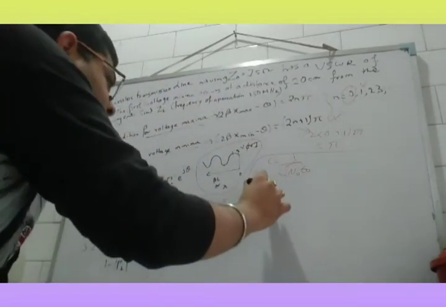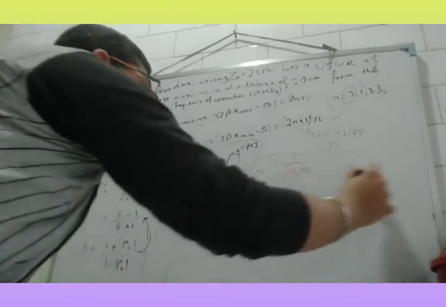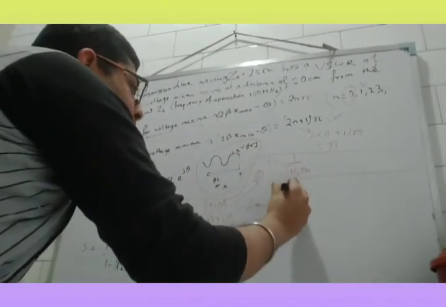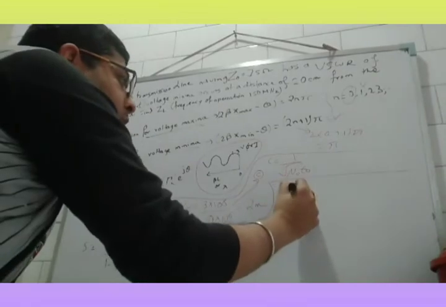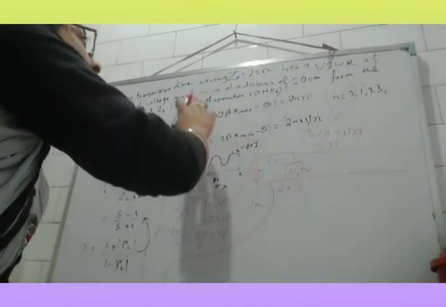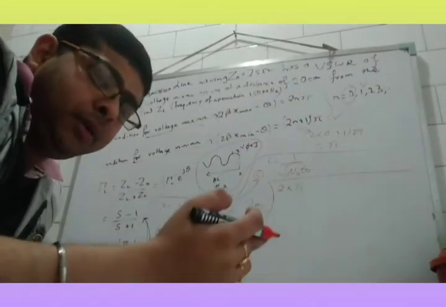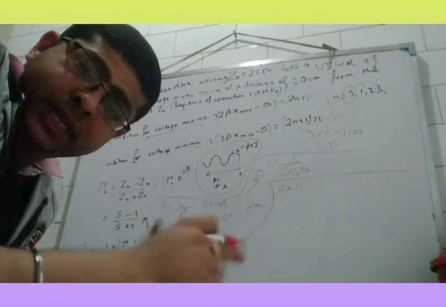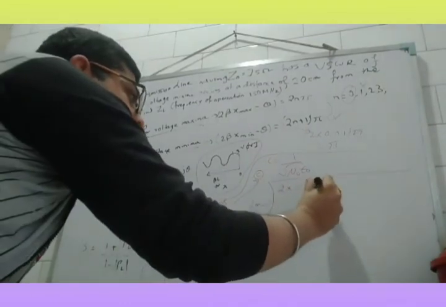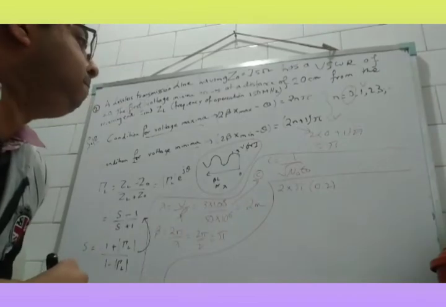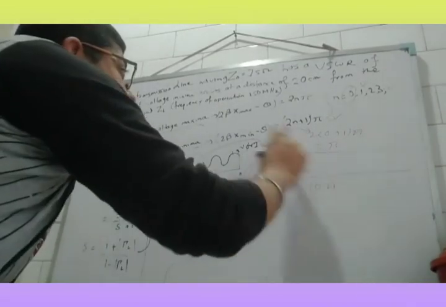Now let us put this in this condition. So what we have? 2 beta x minus theta equals pi. Beta is how much? Pi. x is how much? 20 centimeter. 20 centimeter means 0.2 meter, right? So let us write 0.2, minus theta.